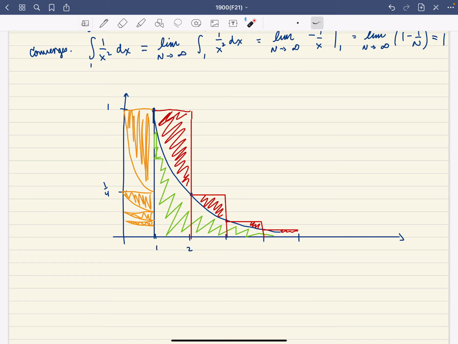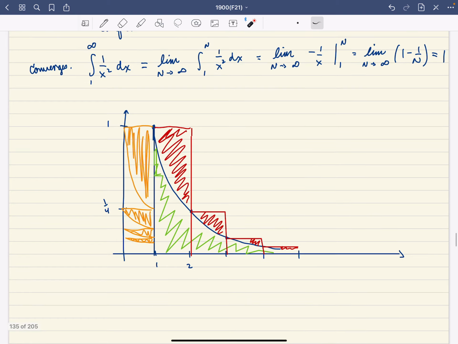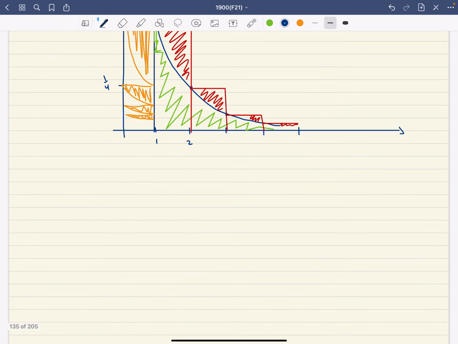So even though these have different values, the integral of 1 over x squared and the series 1 over n squared are not going to be the same value, but it turns out that one converges if and only if the other converges. So the integral converges if and only if the series 1 over n squared converges.